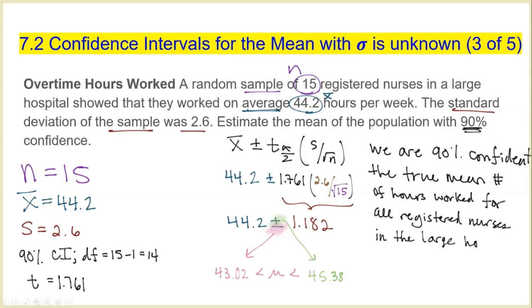I'm pretty sure there are nurses who, if this contains 90% of hours that nurses worked, I'm quite sure there are nurses that work far, far more than 44 hours. Probably not too many that work less than 43 hours, but probably a lot that work more than 44 hours if we think outside of this hospital. So maybe this location is just not that busy compared to other regions, just as a large hospital.